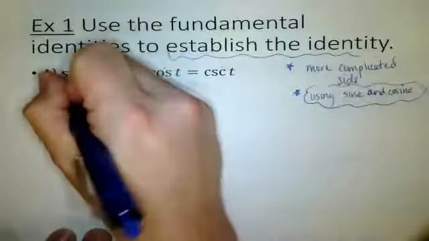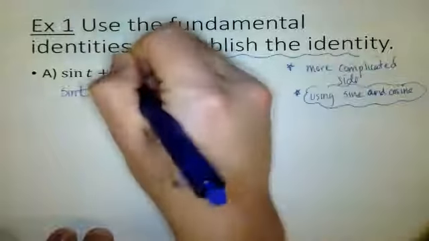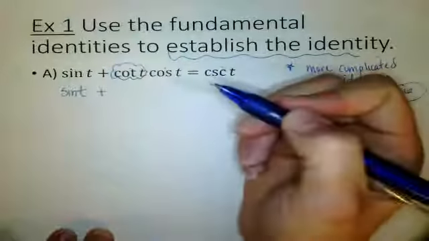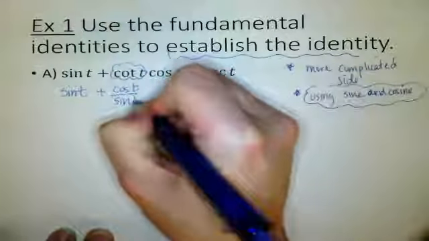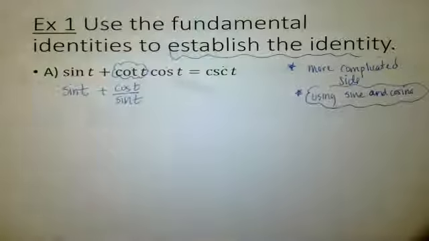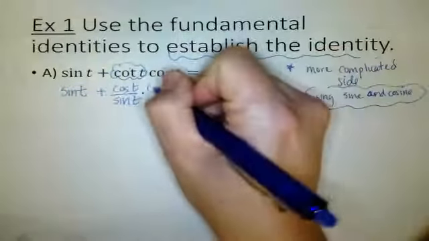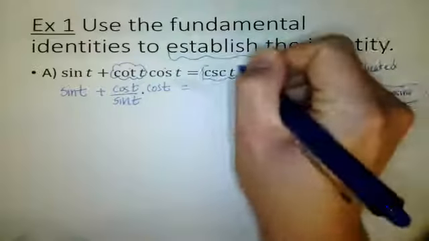So let's see what happens. Do I need to change sine of t? No. How are we going to change cotangent of t? Cosine over sine. Cosine t over sine t, whatever your variable be. Okay. Times, do I have to change cosine? No, leave that alone. But I do want to change this side as well.